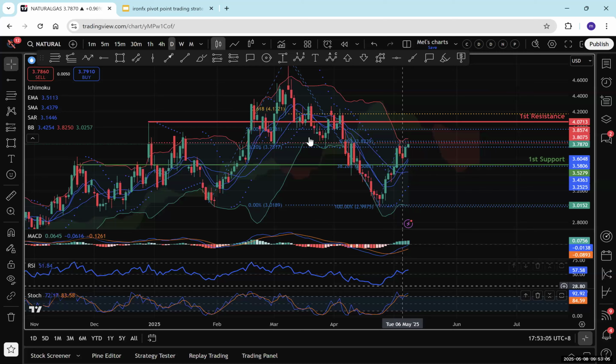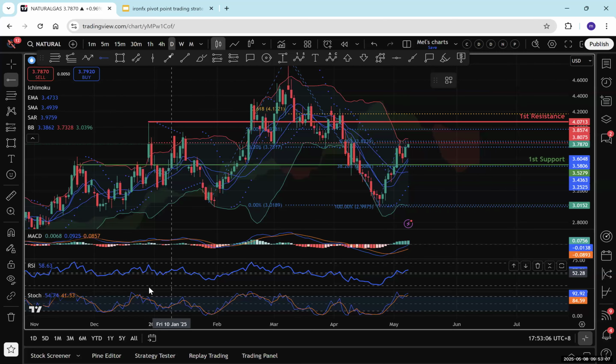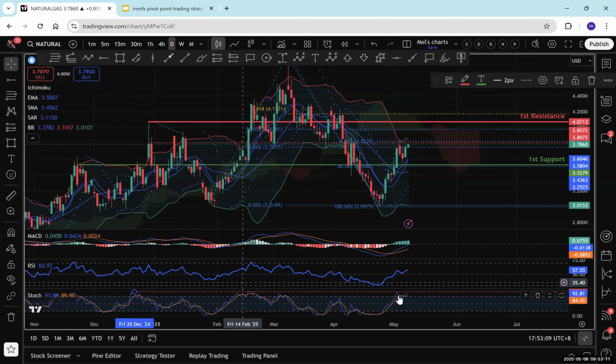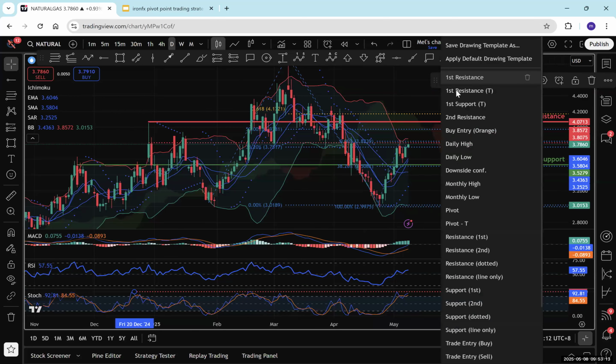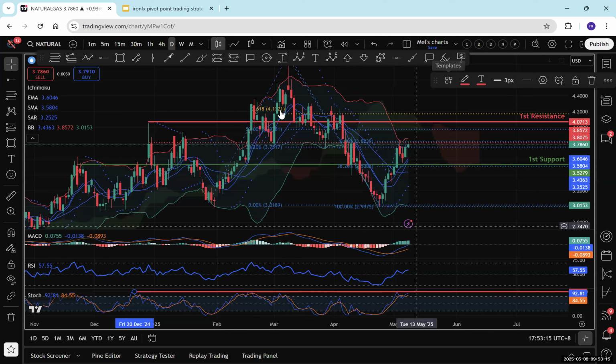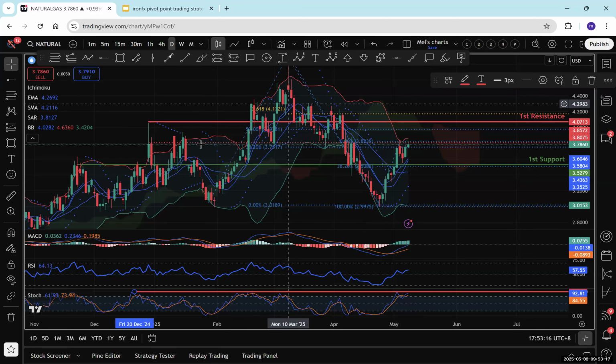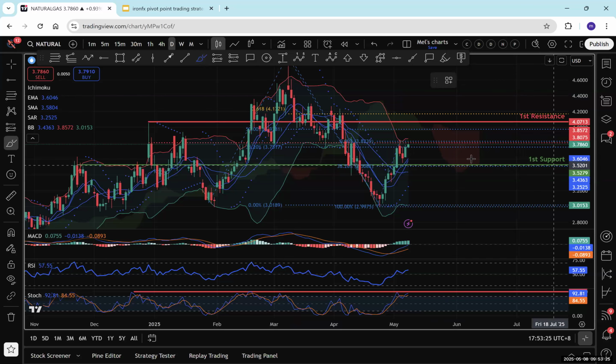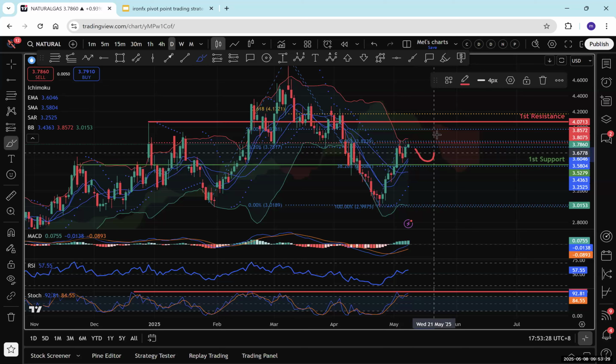Okay, you might want to be careful here at our stochastic because this is a hidden resistance. And previously, when prices hit these levels, we saw prices drop. So that's why I mentioned your first support, you want to make sure that there's enough room for prices to drop slightly before continuing upwards.